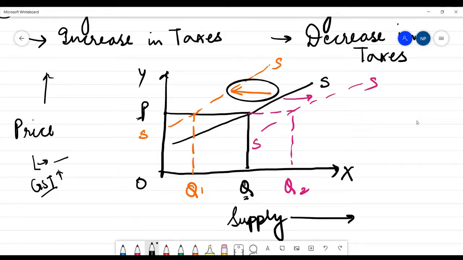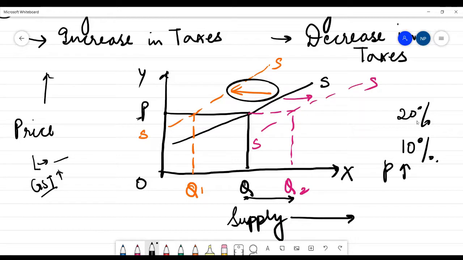What happens when there is a decrease in taxes? That means a producer is there and instead of paying 20% tax, he is paying only 10% tax. Naturally, the profit will go up, isn't it? So what happens when the profit goes up? The marginal profit will be more. So when he or she has to pay less tax, the quantity supplied will also be more.